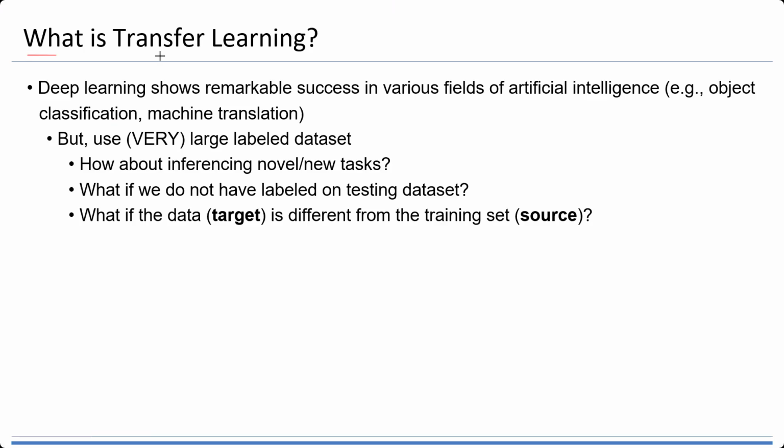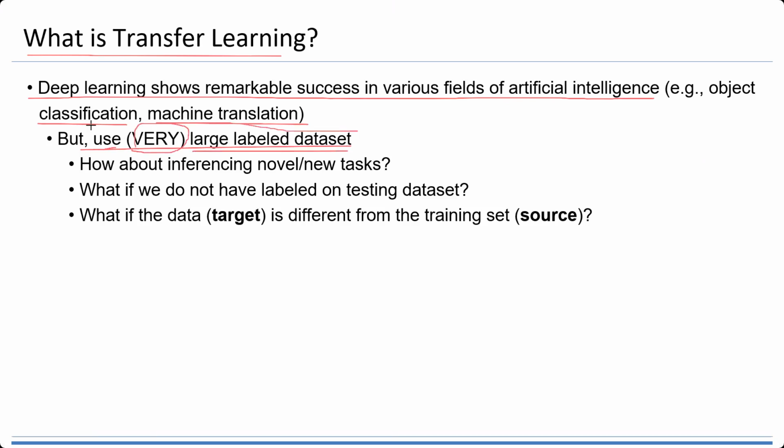So by the definition, what is transfer learning in detail? Deep learning shows remarkable success in various fields in artificial intelligence. If you know about deep learning, we can use it for object classification, machine translation, and so on. But when we try to create deep learning models, we need a very large labeled dataset, so you need a good computer to create the model.